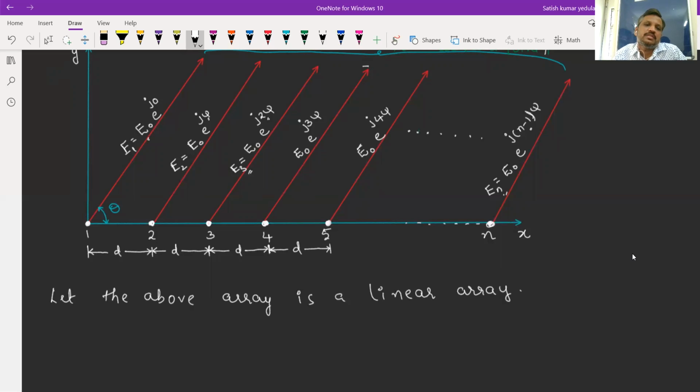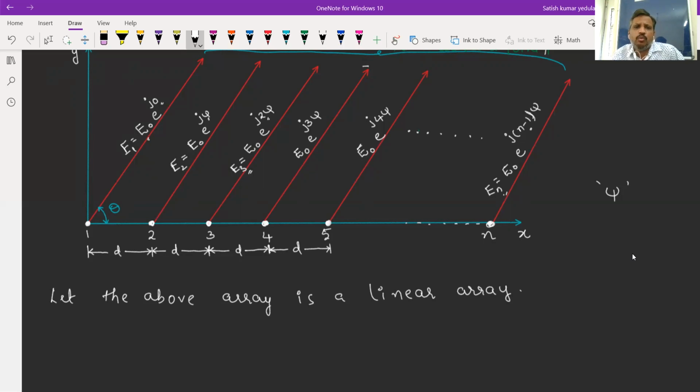So this is e power j psi minus e power 0, psi minus 0 is psi, and 2 psi minus psi is psi, 3 psi minus 2 psi, 4 psi minus 3 psi. Everywhere the phase difference between any two adjacent elements is psi, which we have already derived for the case of the two-element array. The same thing is valid for the n-element array also.